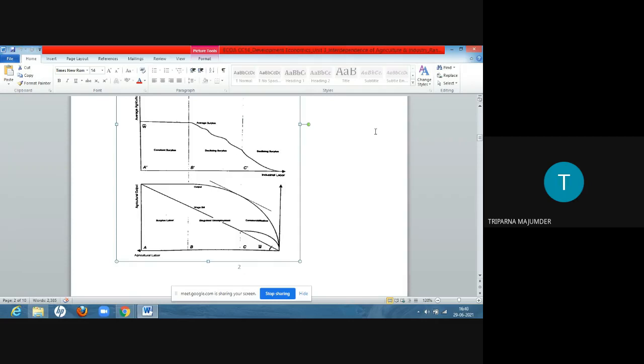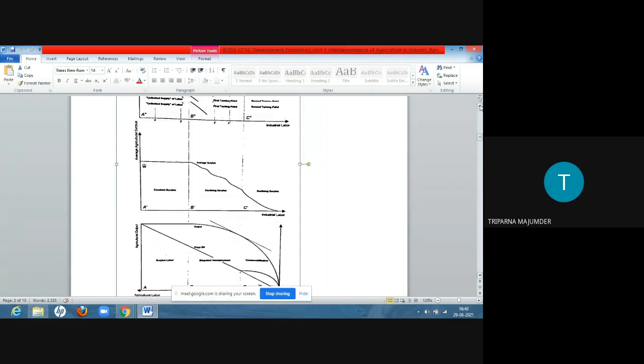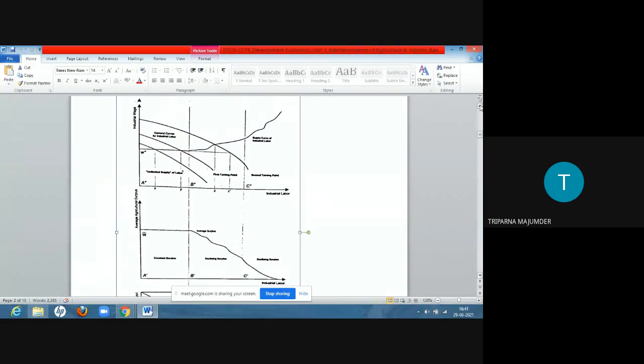In terms of the industrial sector, what do we find? There is a much steeper rise in the wage rate here. This is the stage of surplus labor. This is the stage of disguised unemployment. From here, we have a commercialized agricultural sector.